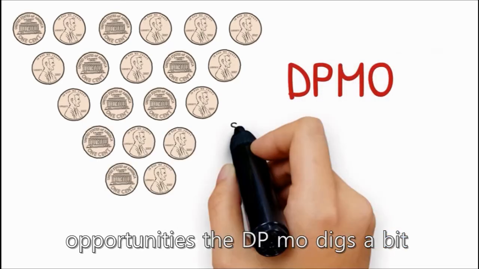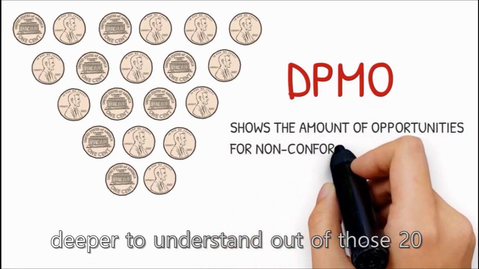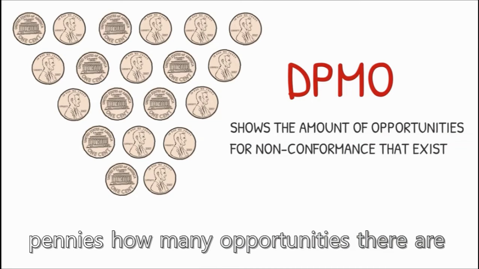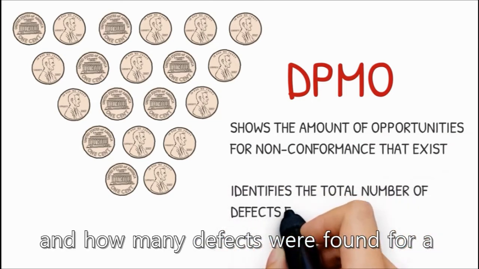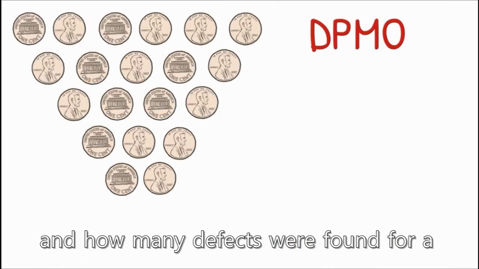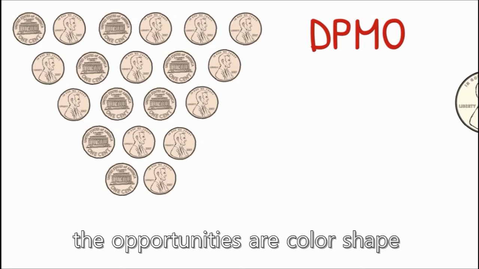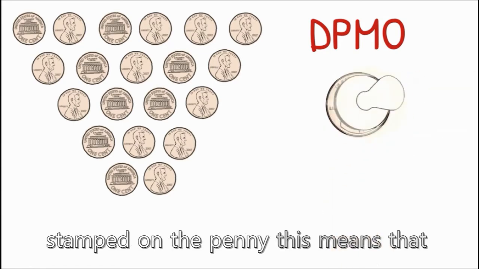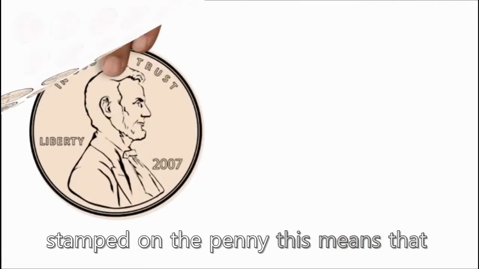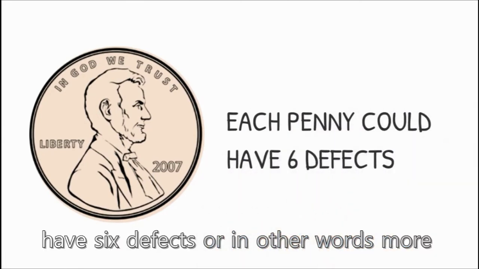The DPMO digs a bit deeper to understand, out of those 20 pennies, how many opportunities there are for nonconformance and how many defects were found. For a penny, the opportunities are color, shape, brightness, lettering, feel, and the image stamped on the penny. This means that every single penny could potentially have 6 defects.